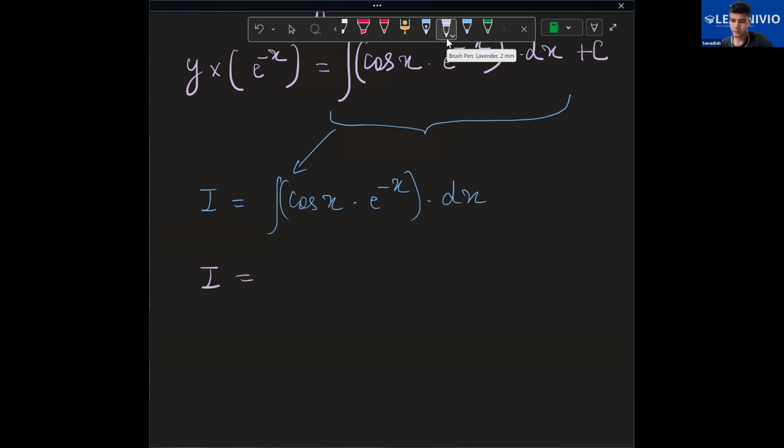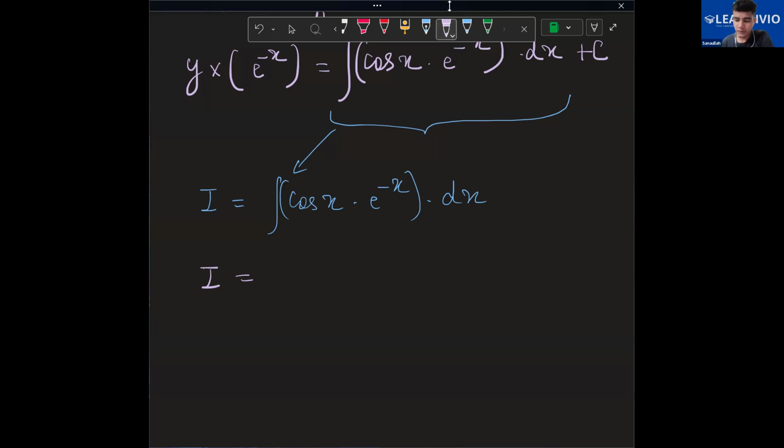Integration by parts. Okay, integration by parts. And how will you proceed with integration by parts? What is the first step?